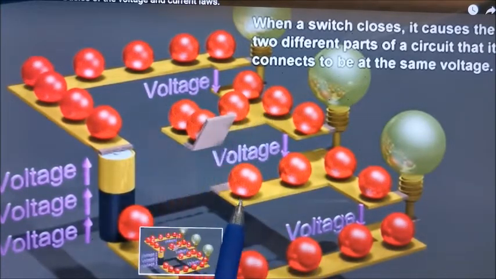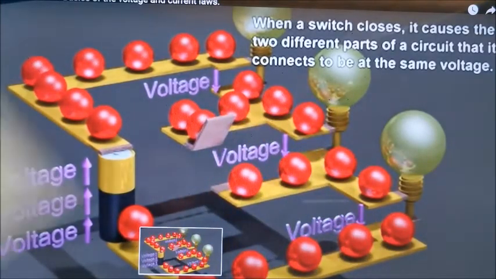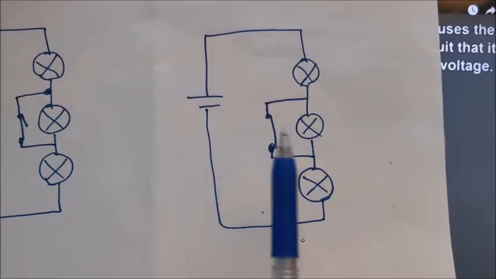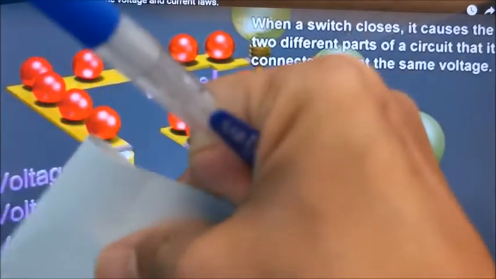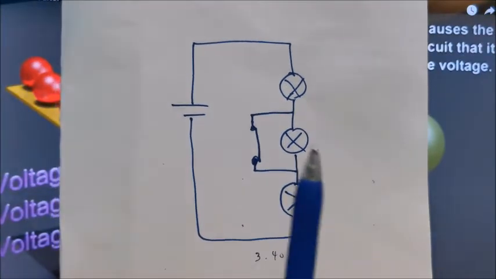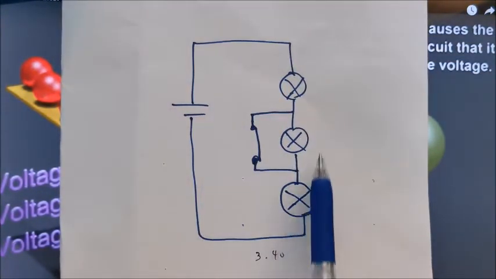Now, we take a look at this. There is a switch connected in parallel to the second light bulb down here. Can I just show you the circuit diagram? It is actually connected in this manner. Ignore this part. Now, we have a battery connected in series with the 3 light bulbs.